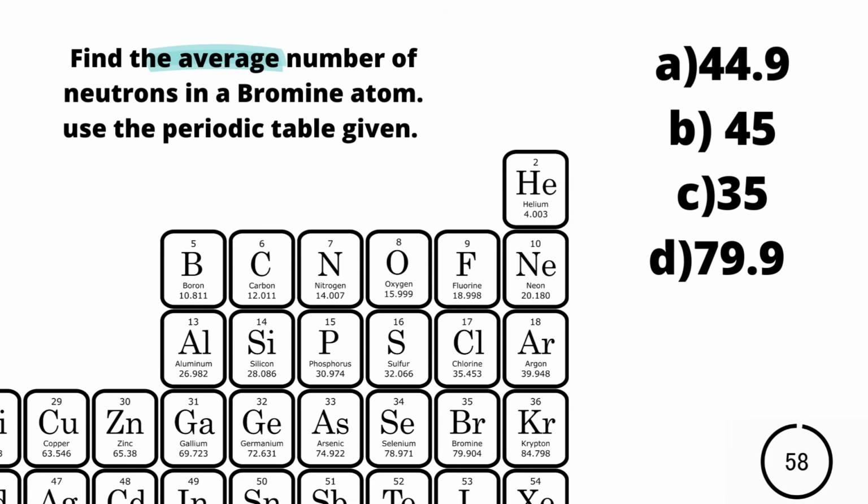Question number 25. Find the average number of neutrons in a bromine atom. Use the periodic table given.